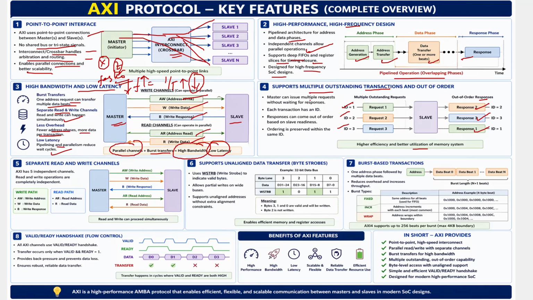The master can issue multiple requests without waiting for the responses, and each transaction has an ID. Based on the ID, we will know who responded first and who responded last. Responses can come out of order based on the slave readiness. Ordering is preserved within the same ID.